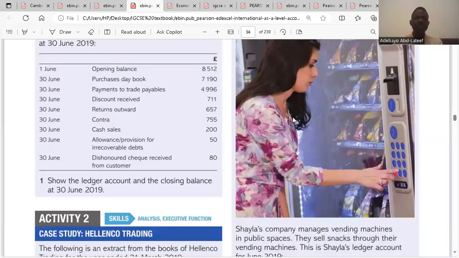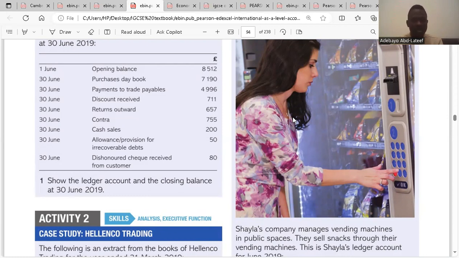So we have opening balances. That means on the debit side, we're going to have 8,512. We have purchases daybook, which is our credit purchases, which is going to be on the credit side of our control account. Payments to trade payables is going to be on the debit side of our trade payables control account. Discount received is going to be on the debit side.